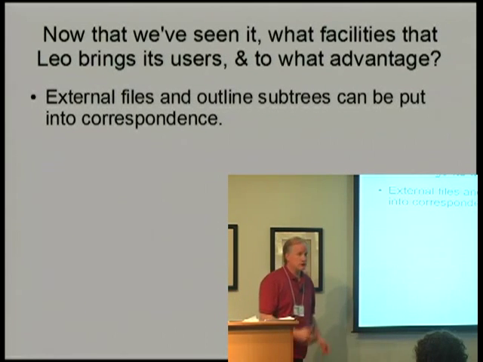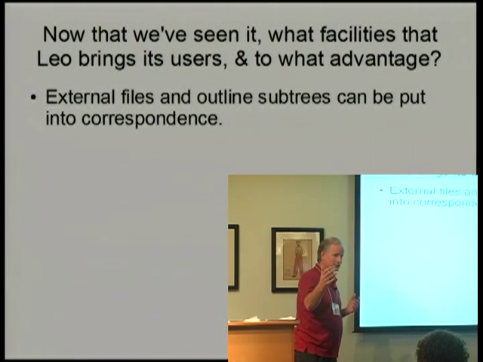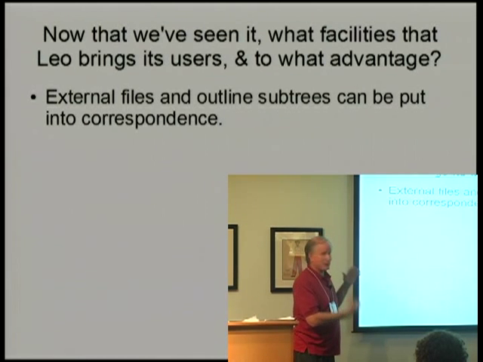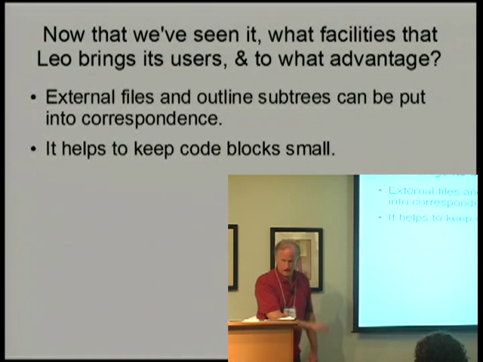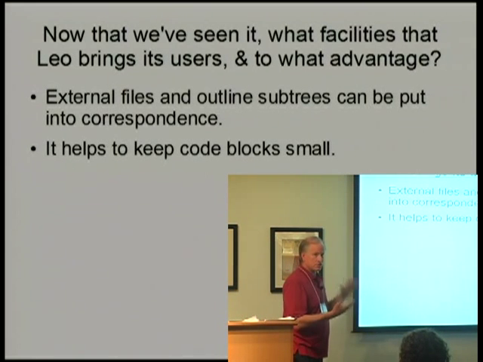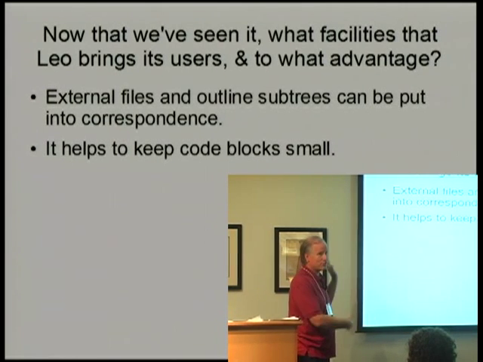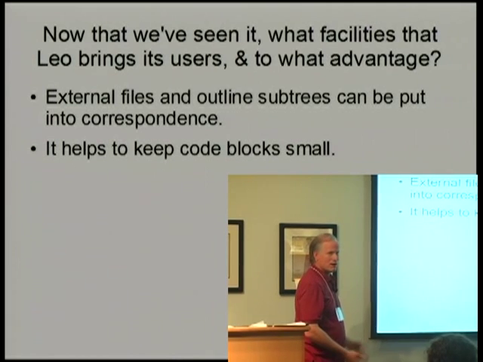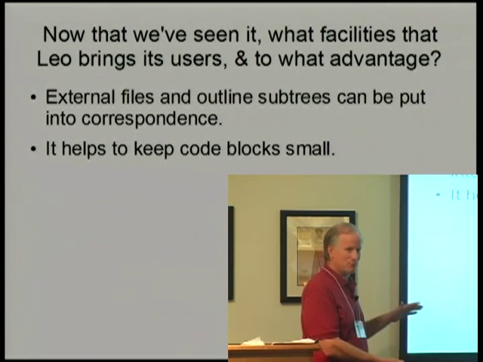Okay, so you saw in Leo you can set up a correspondence between files in your project, files that externally exist on your hard drive, and the outline itself. You notice our code block looked like half a page. I could have rearranged things so you had more, but one of the things you want to do in code is write smaller pieces.